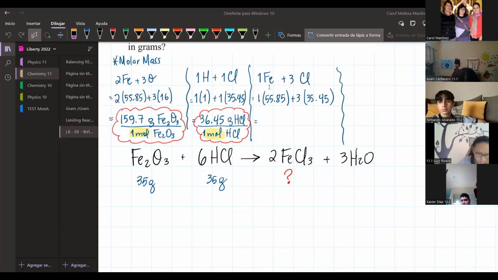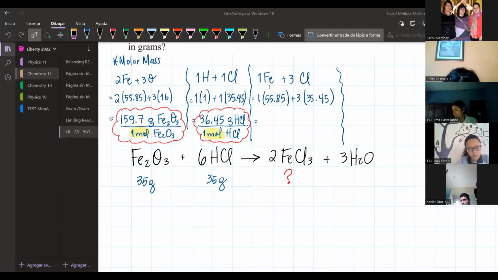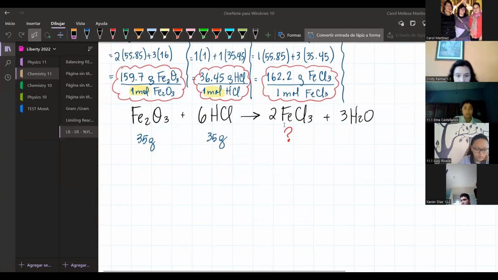How much is this? 162.2. Yes. So these are grams of iron 3 chloride over 1 mole of the same substance. So you have all the molar masses that you need in the problem.